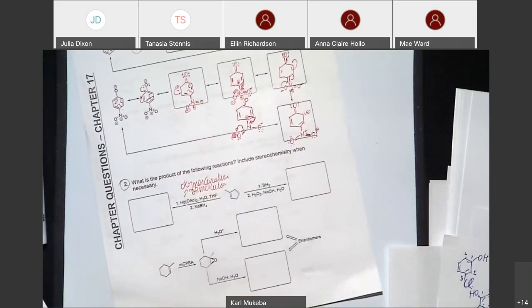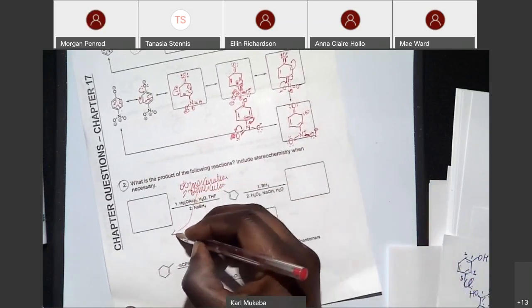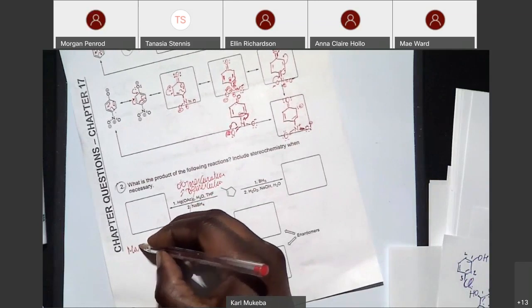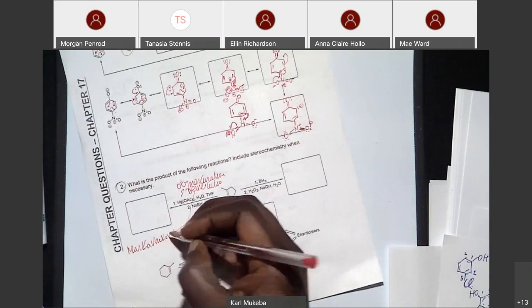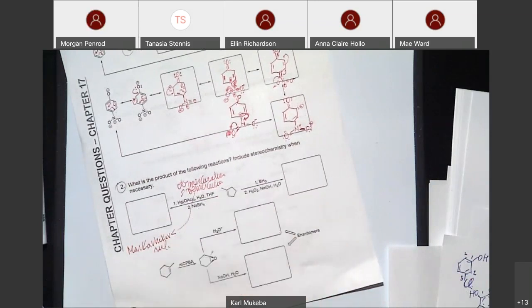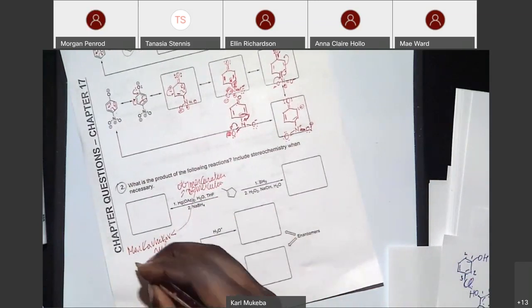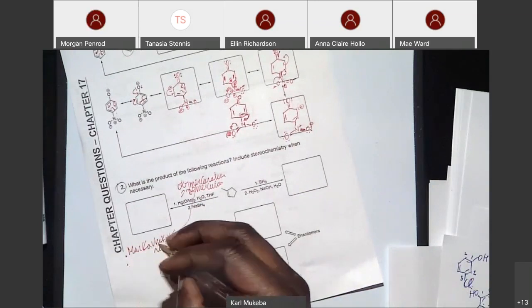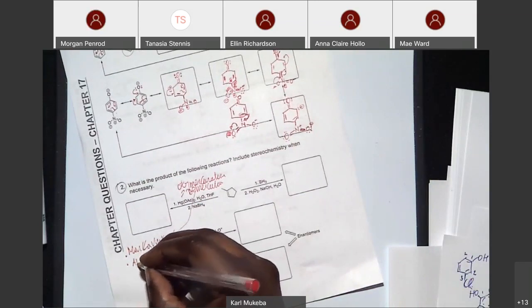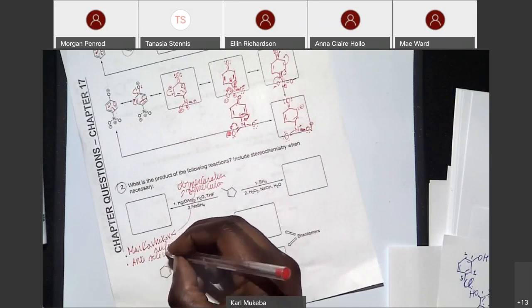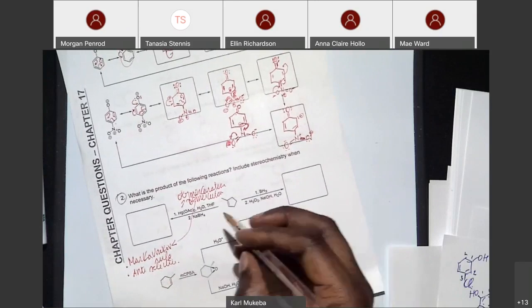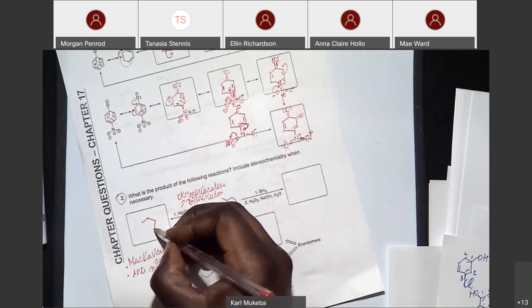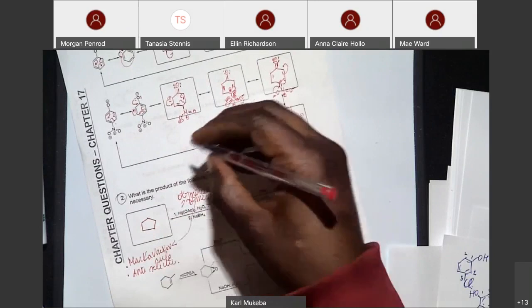So the first thing you have to keep in mind is that this reaction follows Markovnikov's rule. And also it is anti-selective.